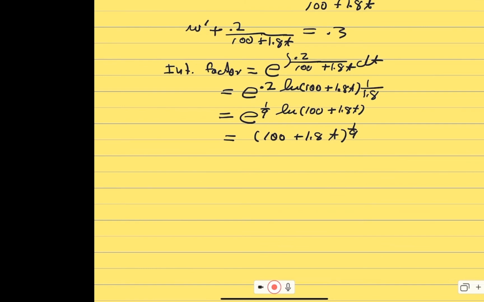That was W prime plus 0.2 over 100 plus 1.8 T times W, and that was 0.3.